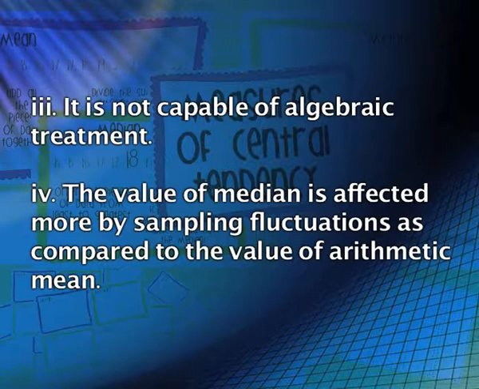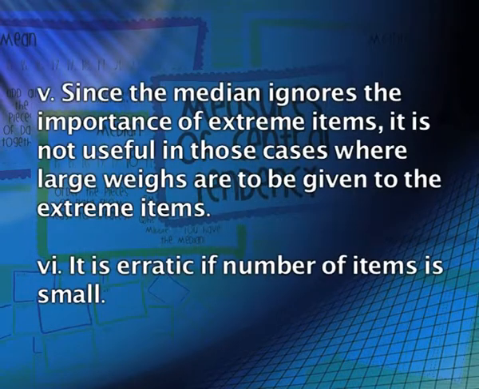Fourth disadvantage, the value of median is affected more by sampling fluctuations as compared to the value of arithmetic mean. Fifth one, since the median ignores the importance of extreme items, it is not useful in those cases where large weights are to be given to the extreme items. Sixth one, it is erratic if the number of items is small.